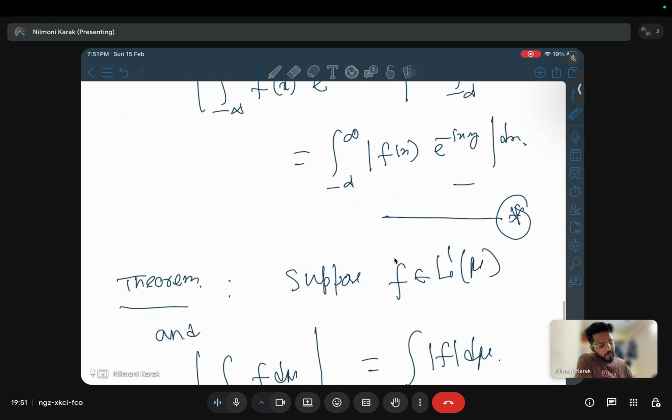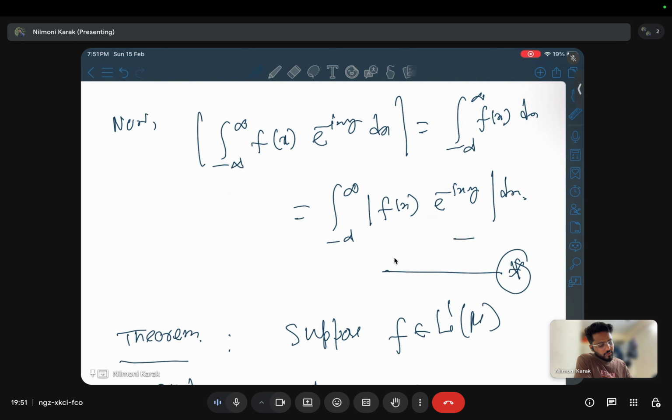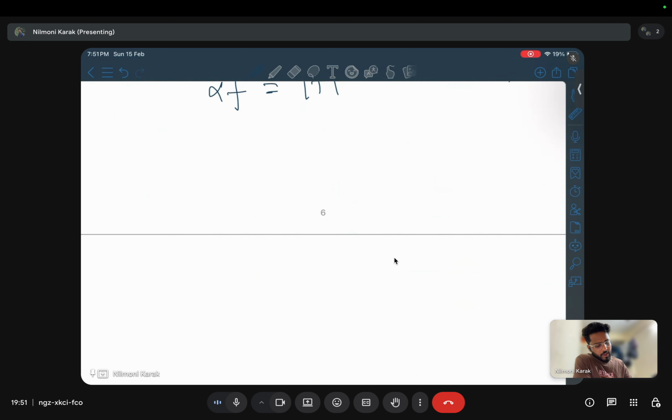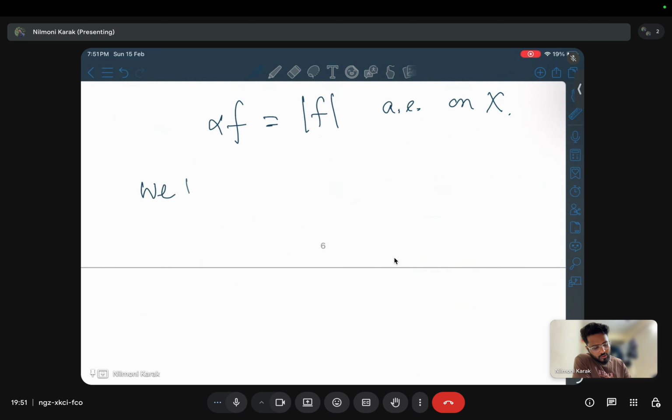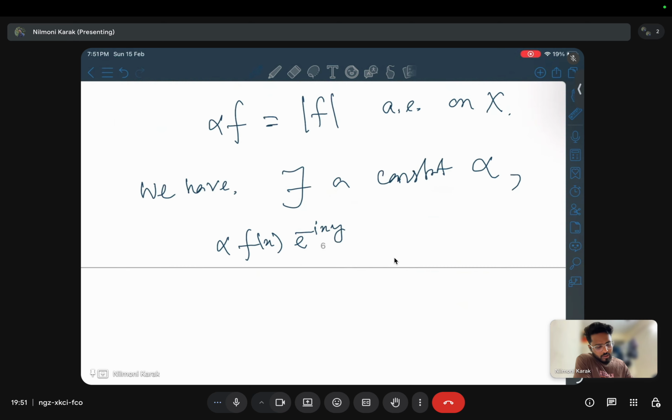Okay, so similarly, using this theorem, there exists a constant alpha such that alpha times f of x times e to the power minus ixy equals the modulus of f of x e to the power minus ixy.